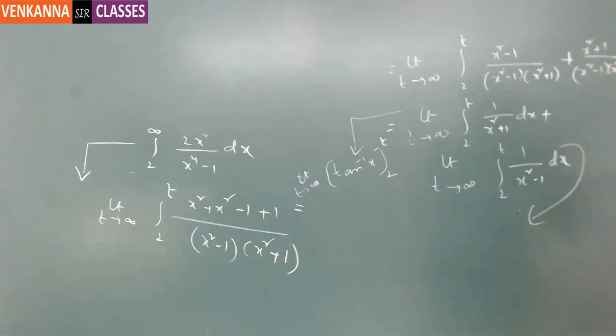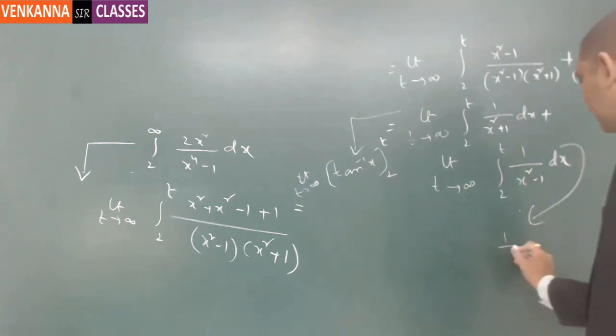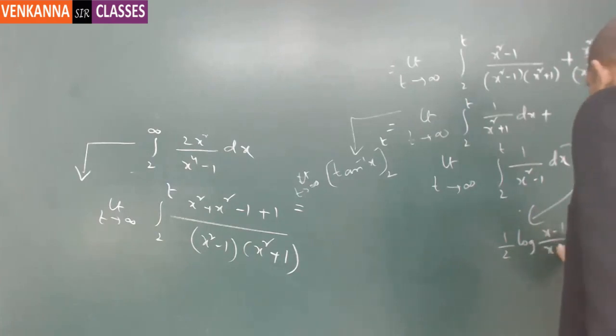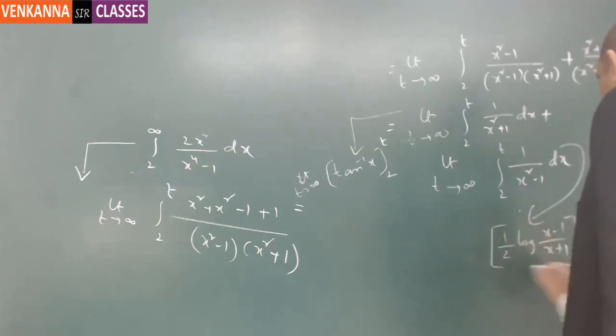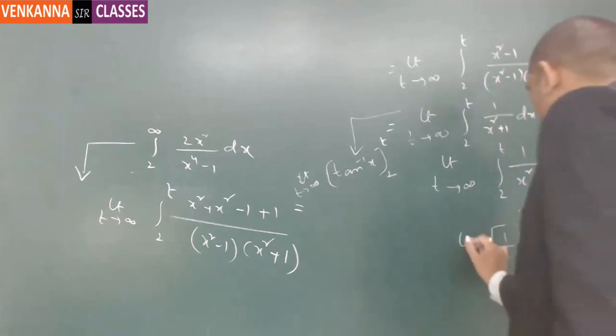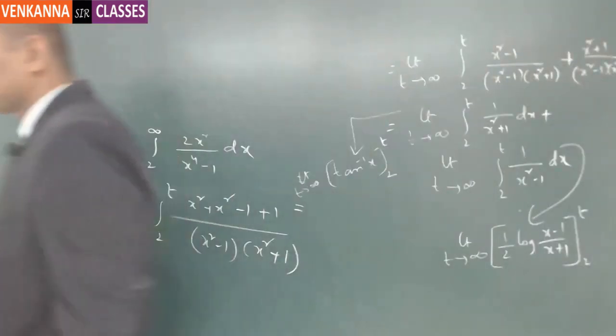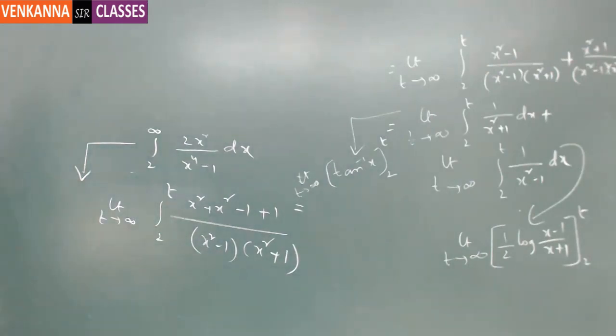And for this, I think the formula will be 1 by 2 into log of x minus 1 by x plus 1. Can you recollect that formula? It is simply based on the intermediate integration formula. That's it. Nothing else is there.